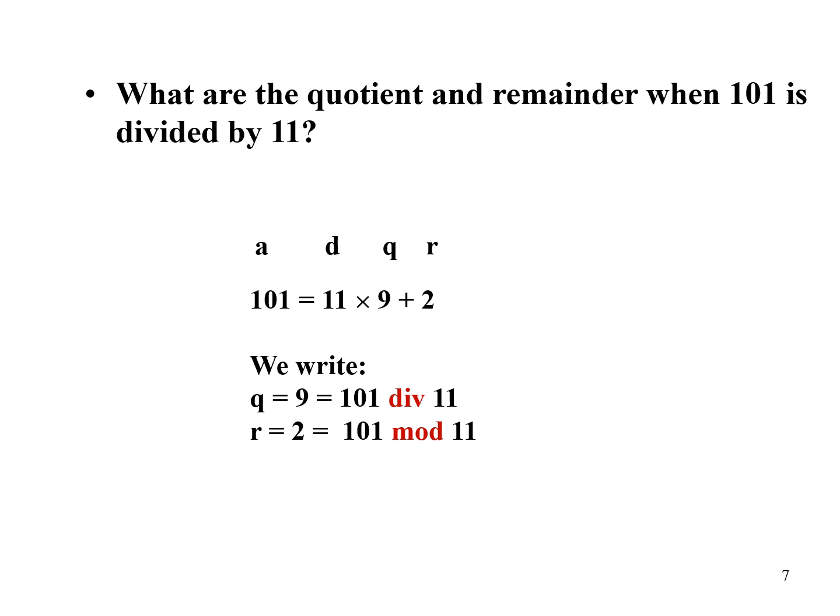So 101 can be written as 101 equal to 11 into 9 plus 2. We can write Q as 101 div 11 and R as 101 mod 11, because in most of the programming languages we are having div operator and mod operator to get quotient and remainder respectively.